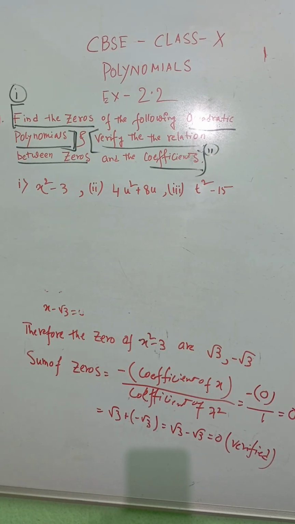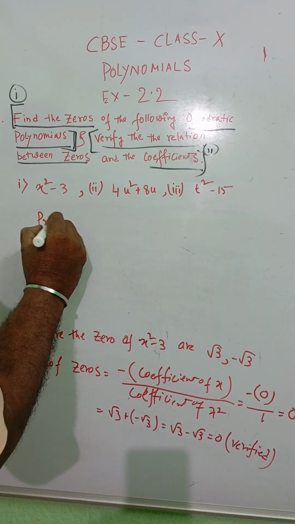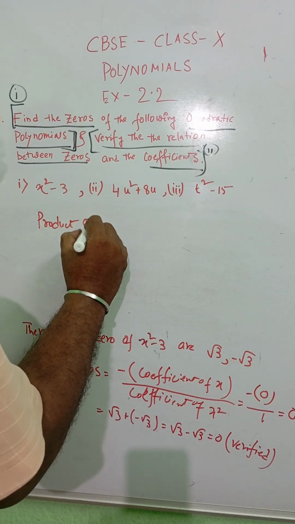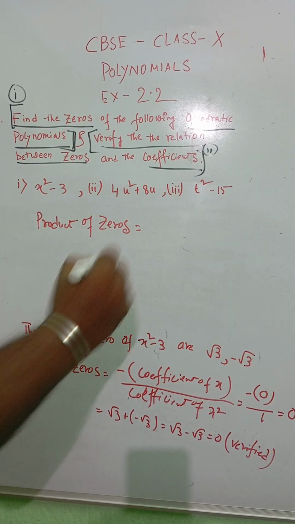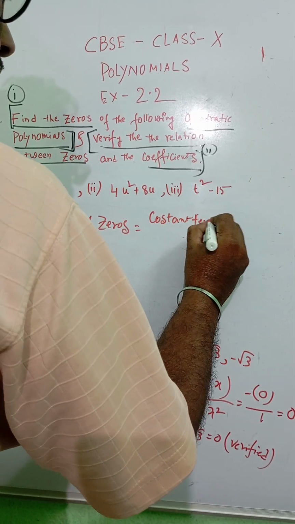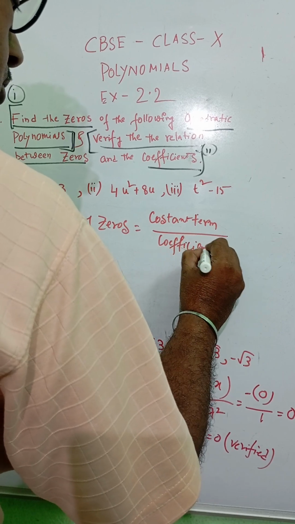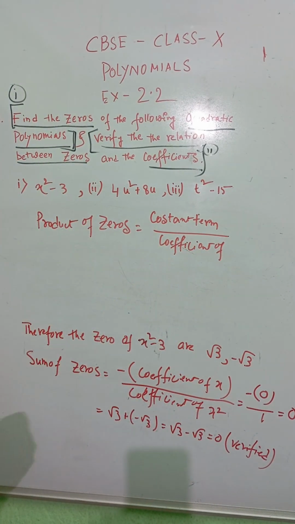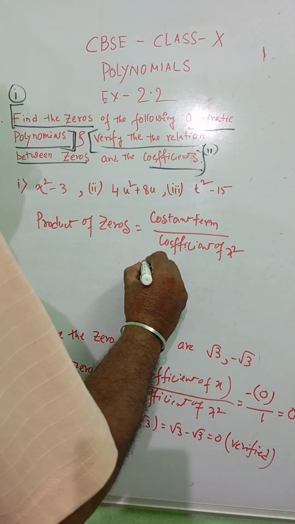Then again, product of zeros is equal to constant term by coefficient of x square. So what is the constant term?